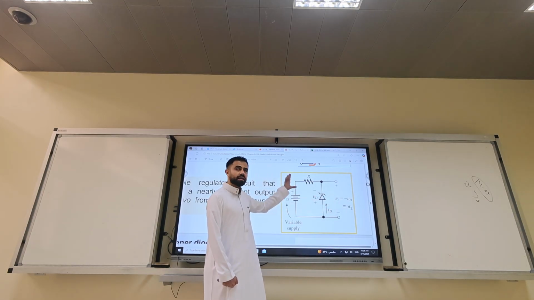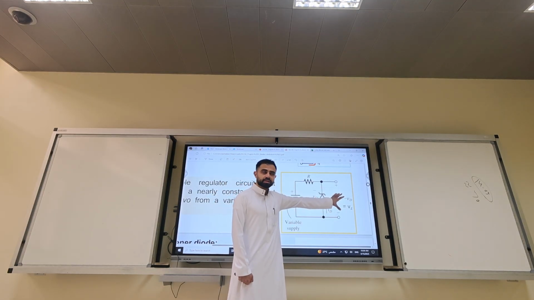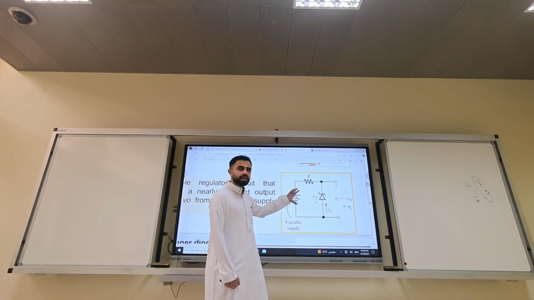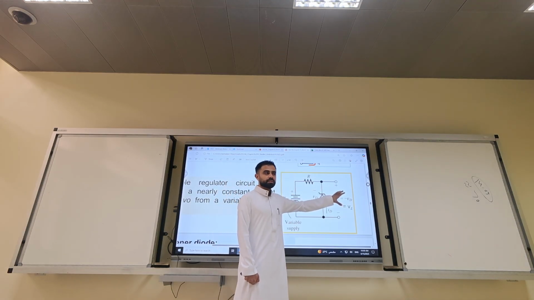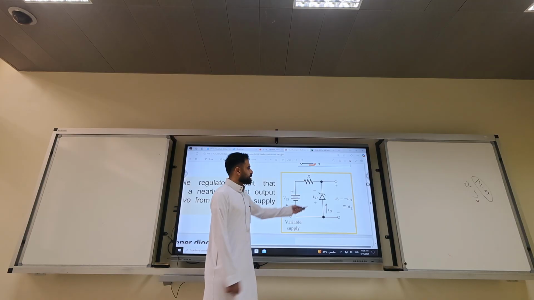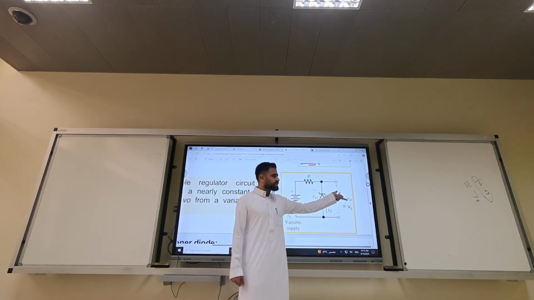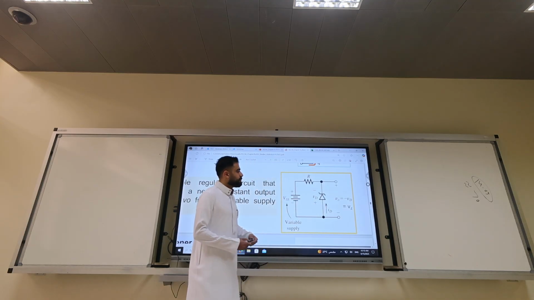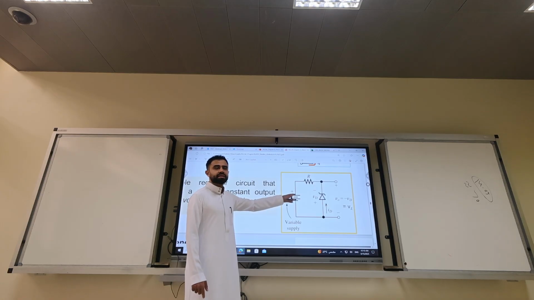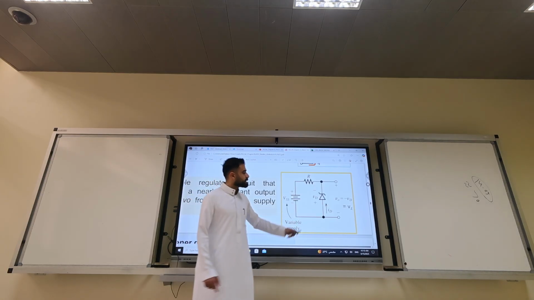The voltage is 10, the output is -10, -2. The voltage is 20, the output is what? VZ. Across the diode is -2, outside is +2. So there is no AC signal in this circuit. This is a variable DC supply.